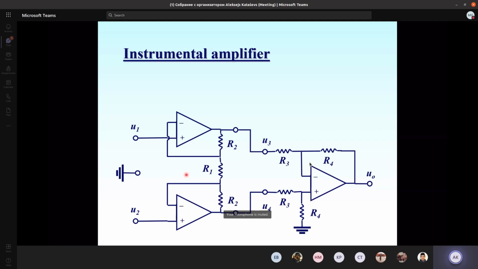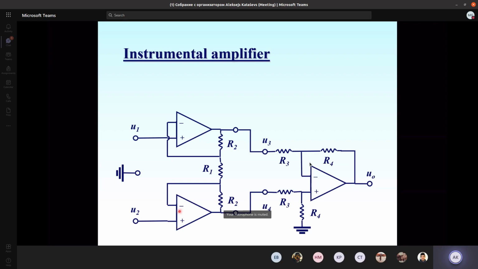If U1 and U2 are absolutely equal, because of this feedback, we have a feedback for the first amplifier and a feedback for the second amplifier. Because of the feedback, the voltages on the inverting inputs of both amplifiers will be equal to the voltages on the non-inverting inputs.